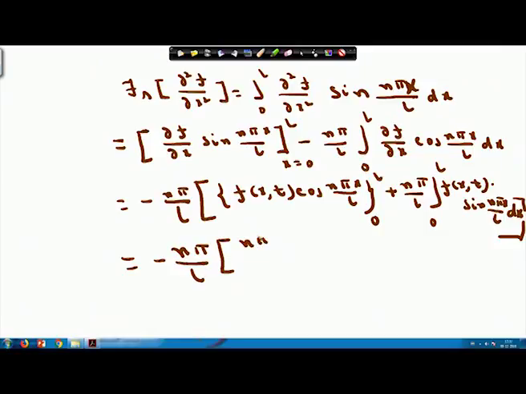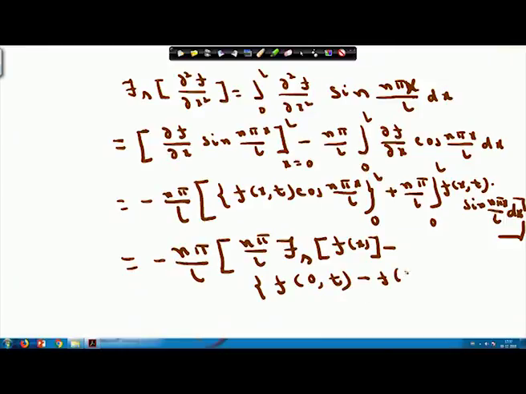So, the second integral is n pi by L into the finite Fourier sine transform of f of x t. So, this is the finite Fourier sine transform of f of x, minus this will become f of 0 t, because this will not be cancelled, f of 0 t minus f of L t into cos n pi.